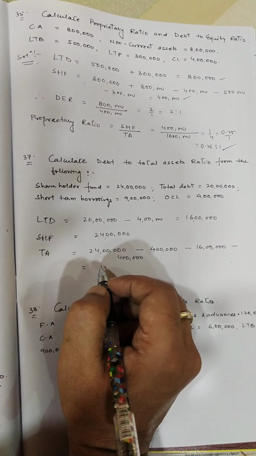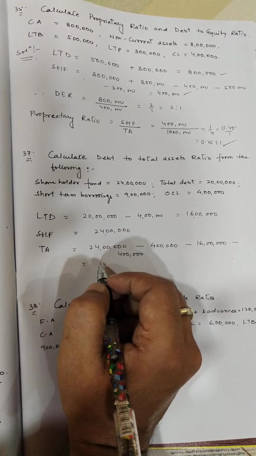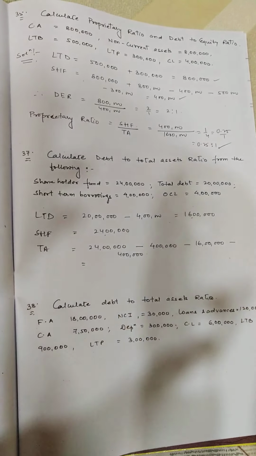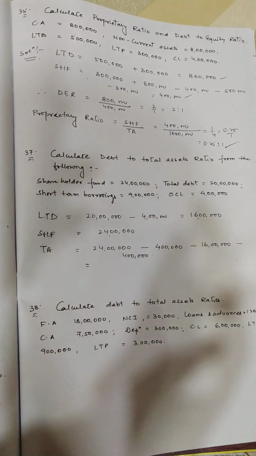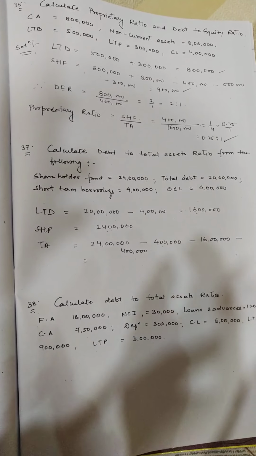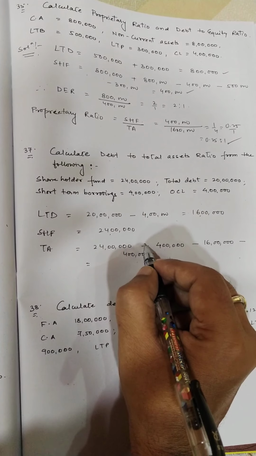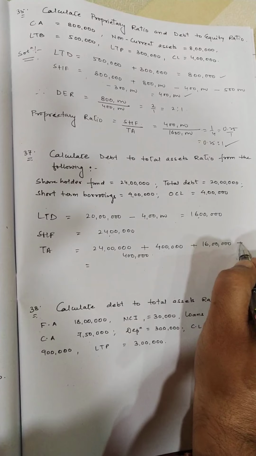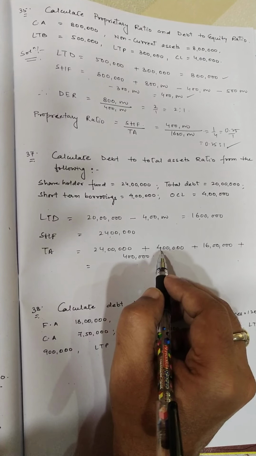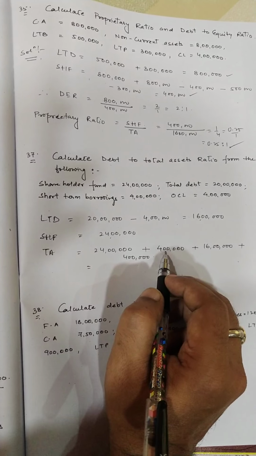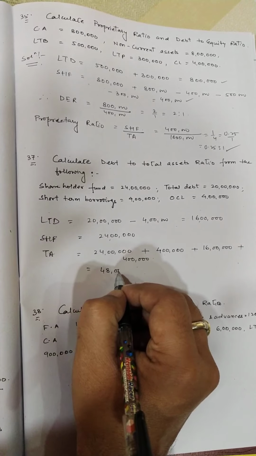The shareholder fund is 24 lakh, so we have to add up 24 and 4, 28, and 20, it's 48 lakh.